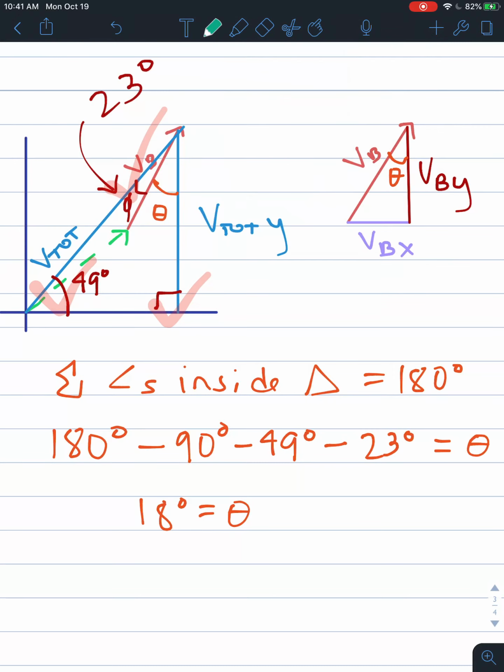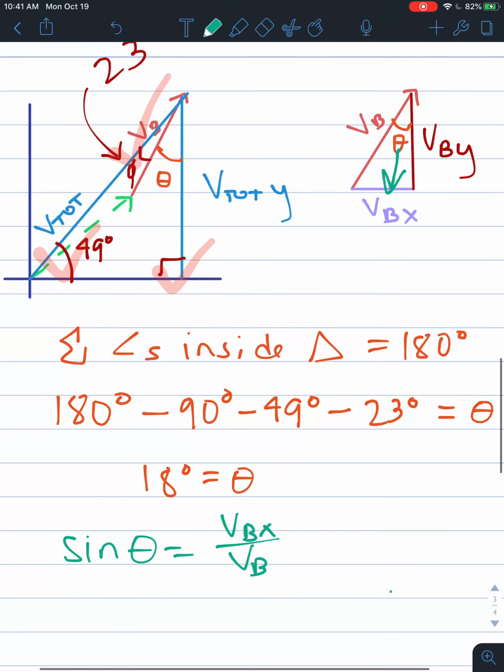Now, this one is a little different because if we look at our angle theta, the opposite side is not VBY, it's VBX. So in this case, the sine of theta is actually VBX over VB. Right? The opposite side, so VBX, over the hypotenuse side.